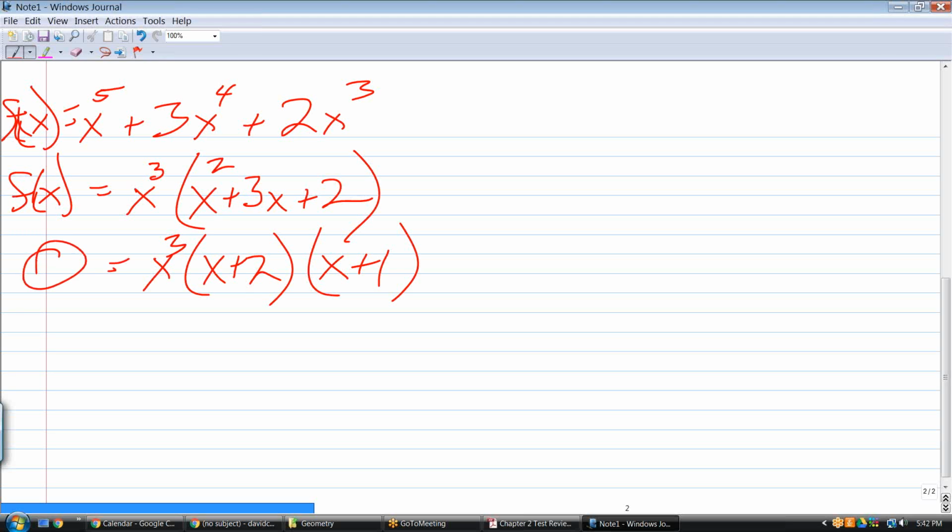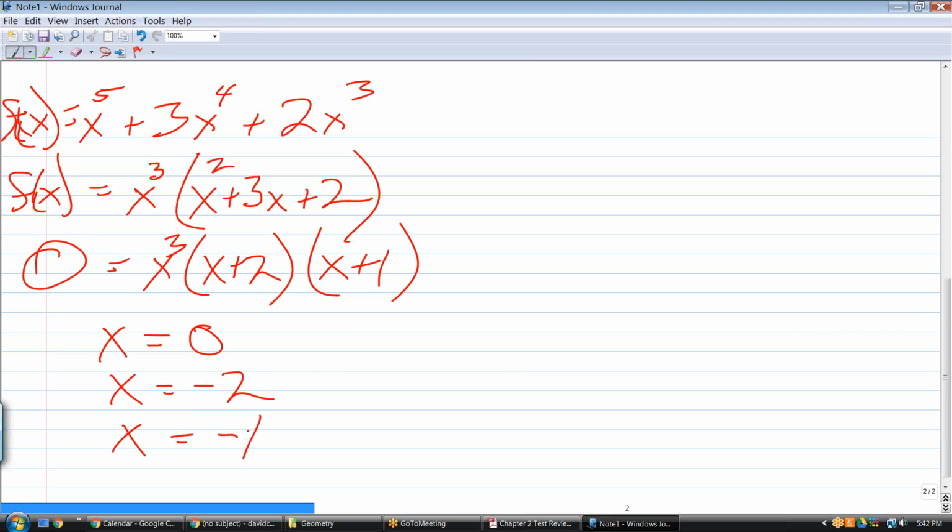If I let f of x equal 0: negative 2 and negative 1 and x cubed equals 0. That's the one everybody forgets. It really is. Never forget that 0. That's just as valid a 0 as the others.